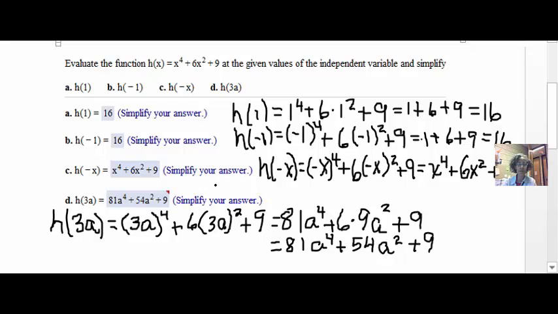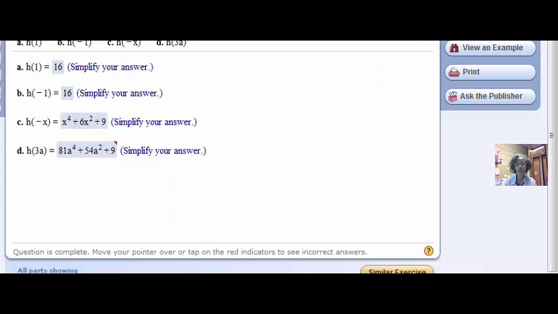I'm going to take a look at what the incorrect answer was. It looks like the answer that was entered was 3a to the 4th plus 324a squared plus 9.